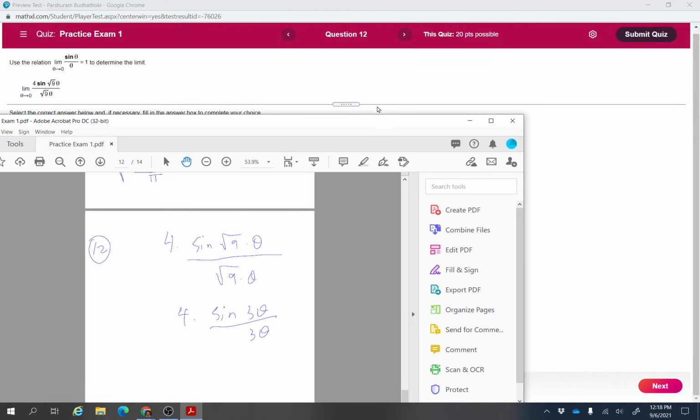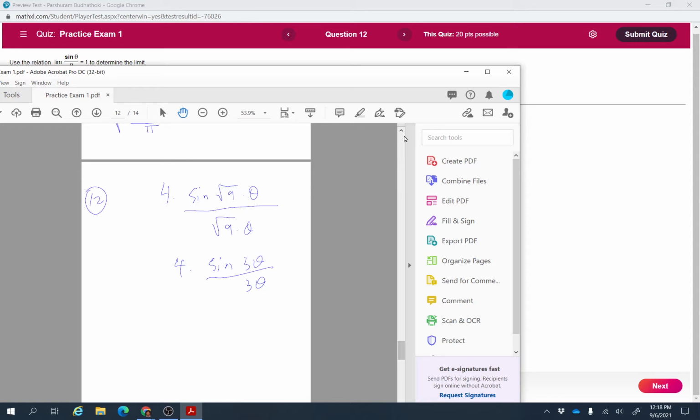So one thing you have to keep in mind: we know that the limit of sine theta over theta equals 1 if theta approaches 0. So we can replace this theta by anything. The limit of sine of anything over that anything, when that anything approaches 0, is always 1. So in this problem, when theta approaches 0, 3 theta approaches 0.